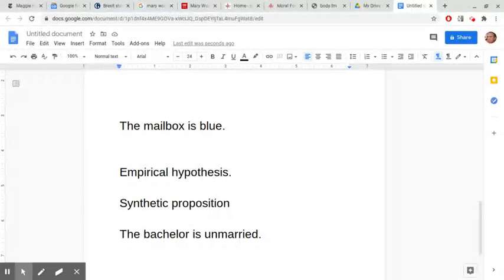If you say Jim is a bachelor and Jim is unmarried, well, on the truth of the first claim that Jim is a bachelor, we know that he's unmarried, because that's what it means to be a bachelor. So that is not a synthetic proposition. That is an analytic one. Because being unmarried and being a bachelor are necessarily connected in a way that being a mailbox and being blue aren't.